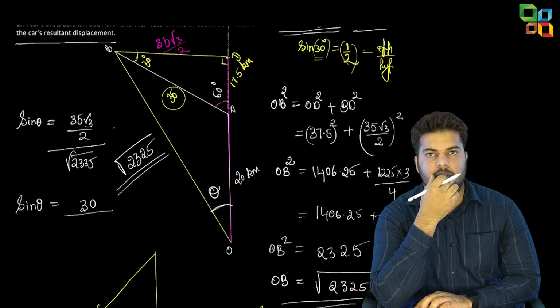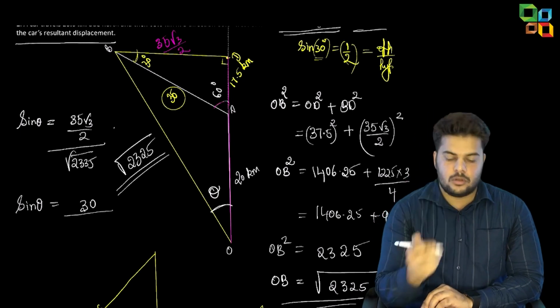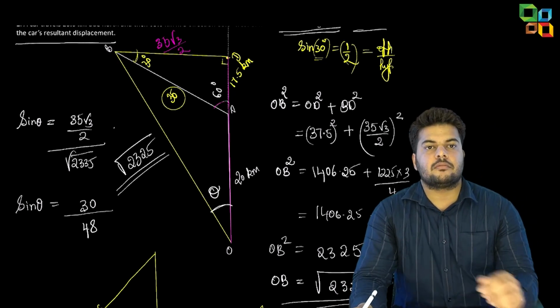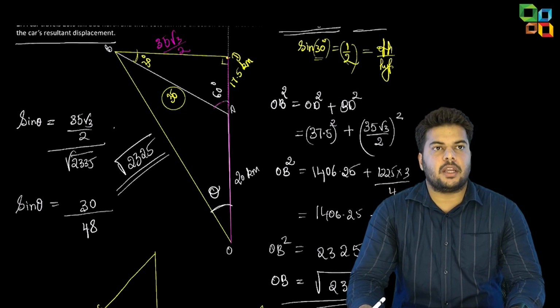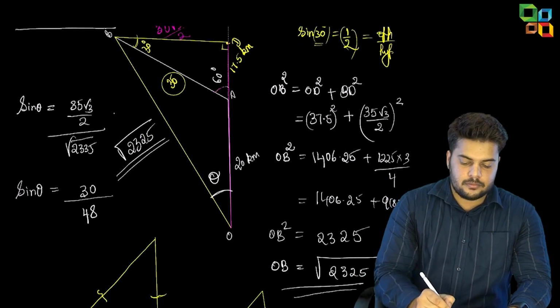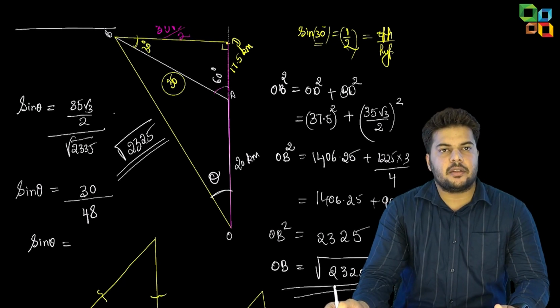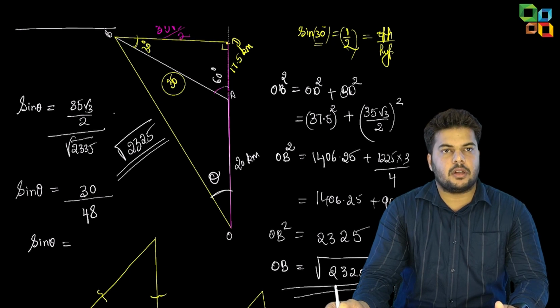All right, approximately. Root 2335 is very close to 48. Yes, sir. Okay, so look at that ratio, 30 by 48. What is 30 by 48? It goes in the table of 3.